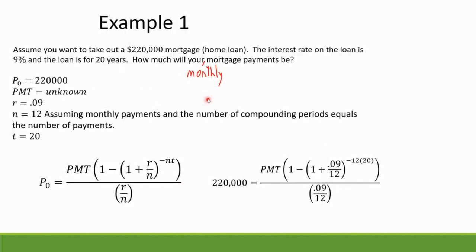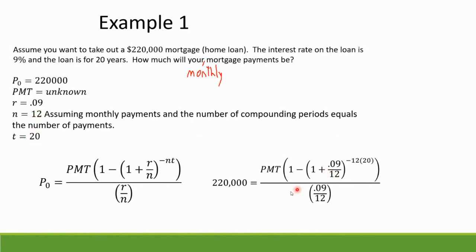So if we're making monthly payments, the number of compounding periods in a year is 12. And this is going on for 20 years. So here's our formula. P0 is the balance in the account in the beginning. We're looking for PMT, R is 0.09, N is 12, T is 20.